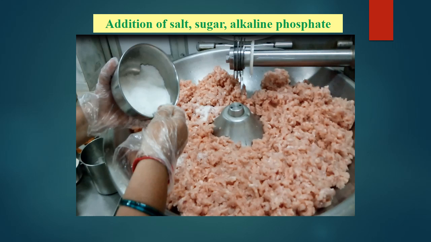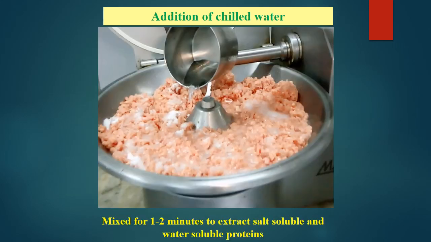We can see the blades, which play an important role in the fine cutting of the meat. Here ice chilled water or broken ice is added over the minced meat in the bowl chopper, where the curing ingredients are already added.